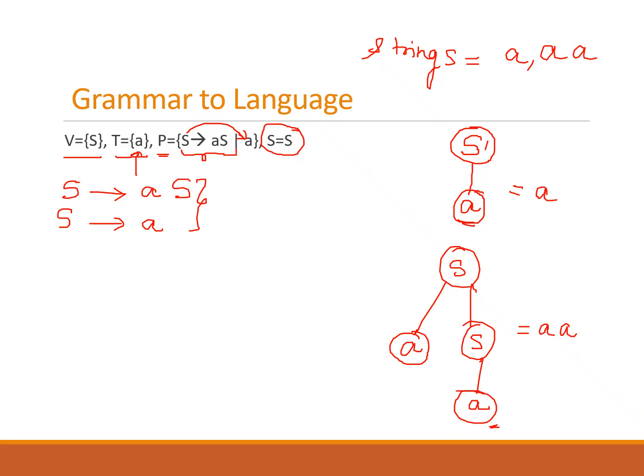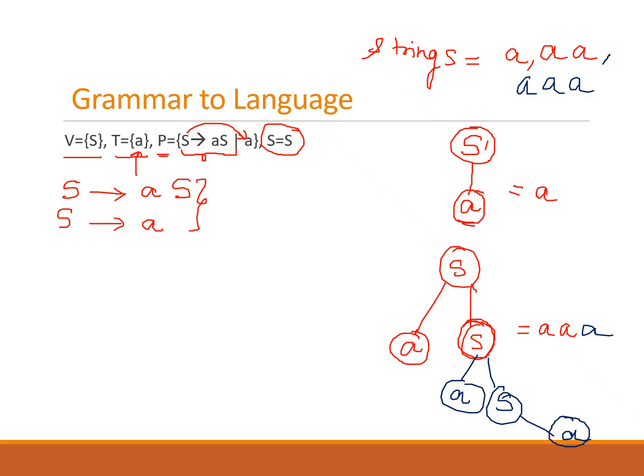Now again, let us try out a different option for S here. Suppose instead of A, I would have selected AS here, and then for this S again A. So this time the string would be three times A. Now again, instead of this A, we could have done the expansion using the other rule, which is AS.